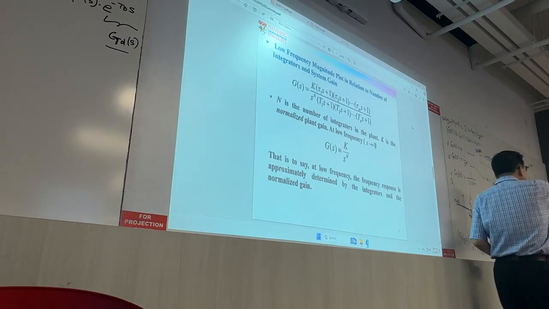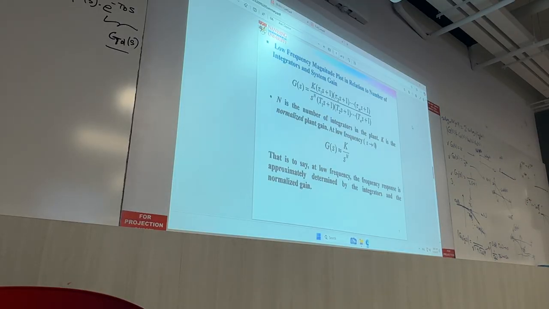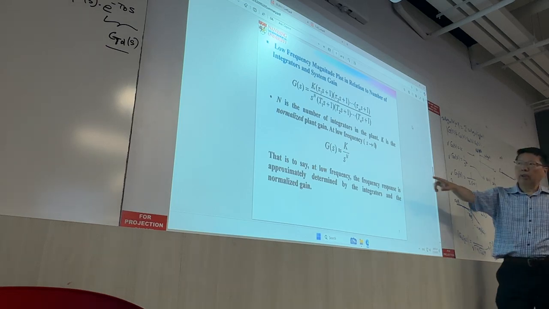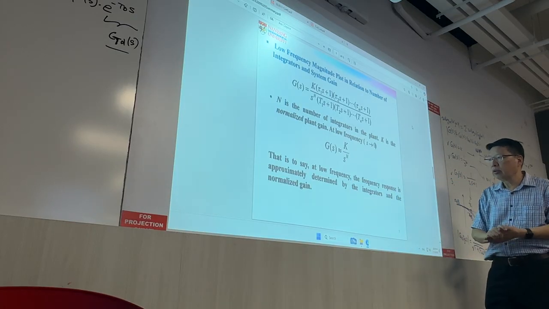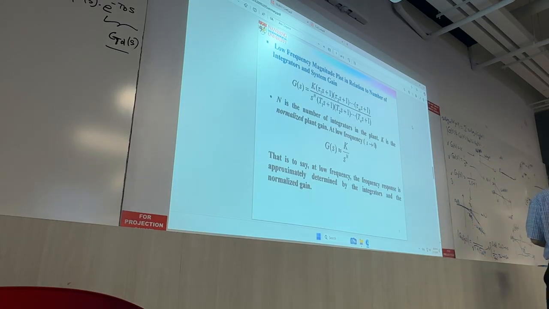As I mentioned over here, on the left portion, which means frequency is small, the whole plot is basically approximated by the constant and the 1 over s. But here, n could be 0, could be 1, could be 2. Okay. So that's the characteristic of the Bode plot.